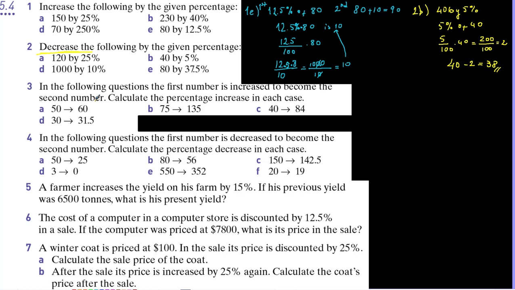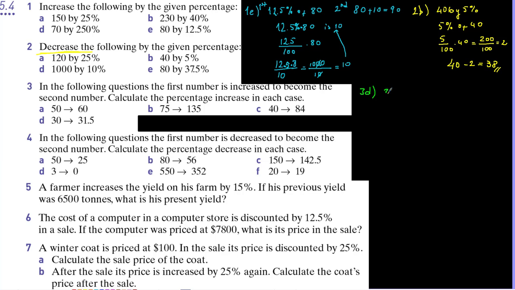Here I'm going to solve one exercise about calculating the percentage increase. We are calculating the percentage increase. The numbers are given, and how much percent it is increased, we are trying to find this one. So I want to solve 3D here.